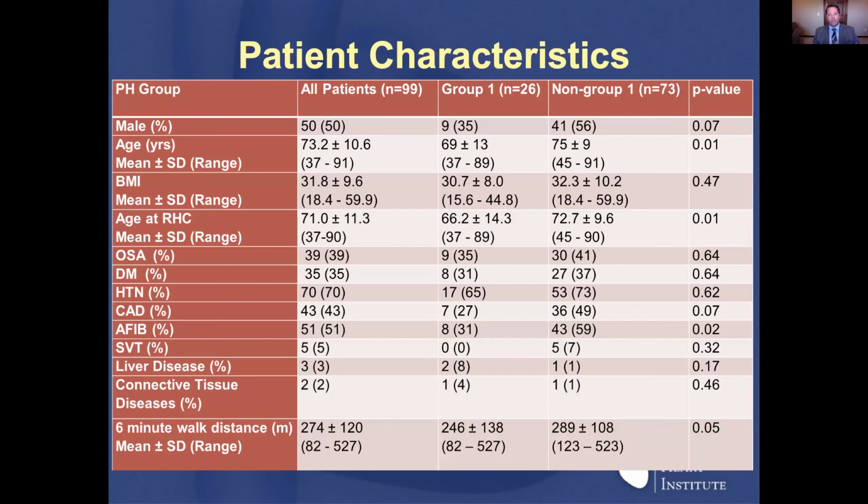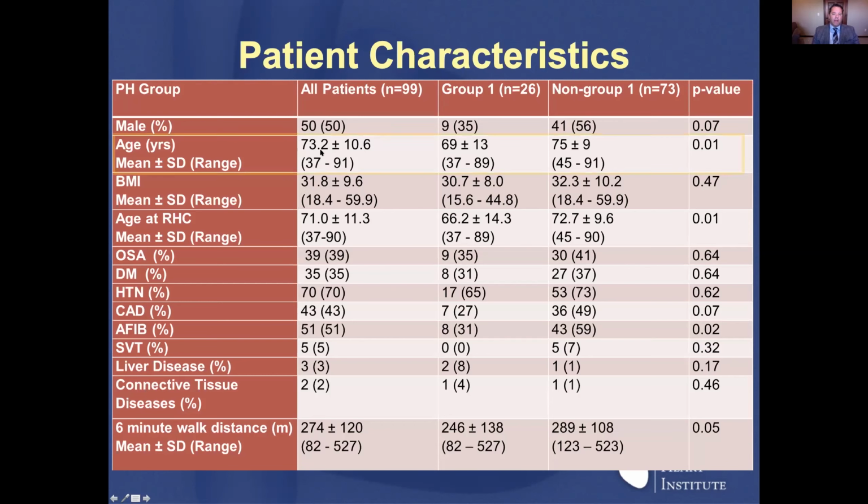And what we found was that we had 99 patients in that group, and went through and looked at different patient characteristics. There's a 50% male to female ratio. It's an older population with an average age of 73.